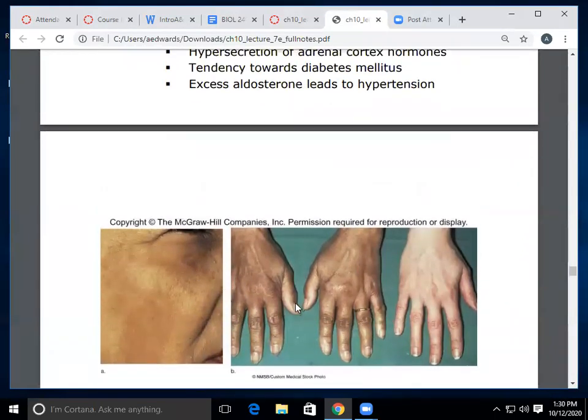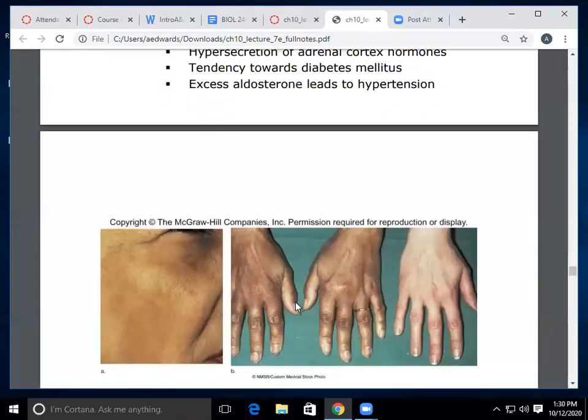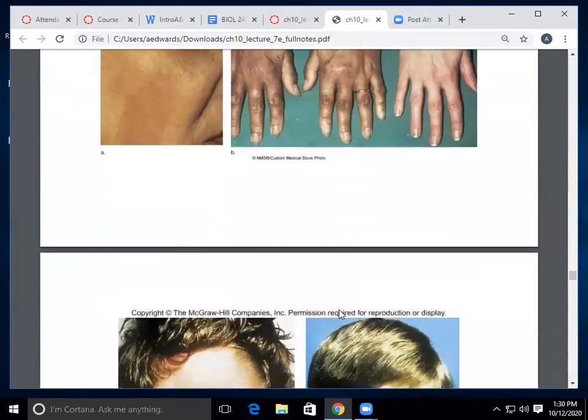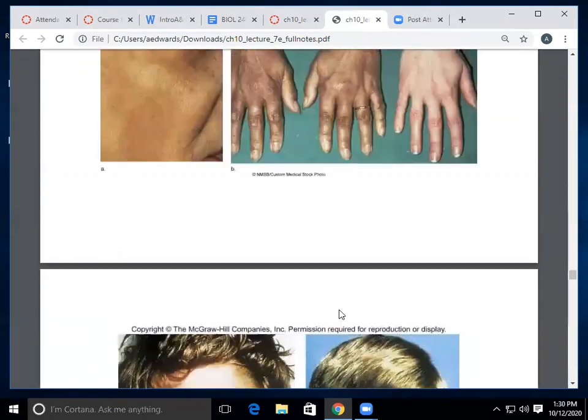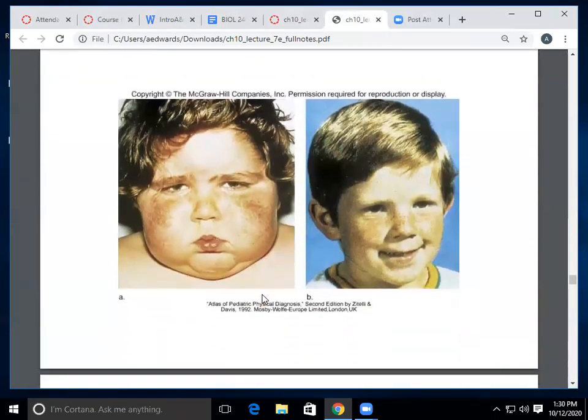Okay. All right, got some swelling here. All right, this is that. It's like diabetes mellitus here.